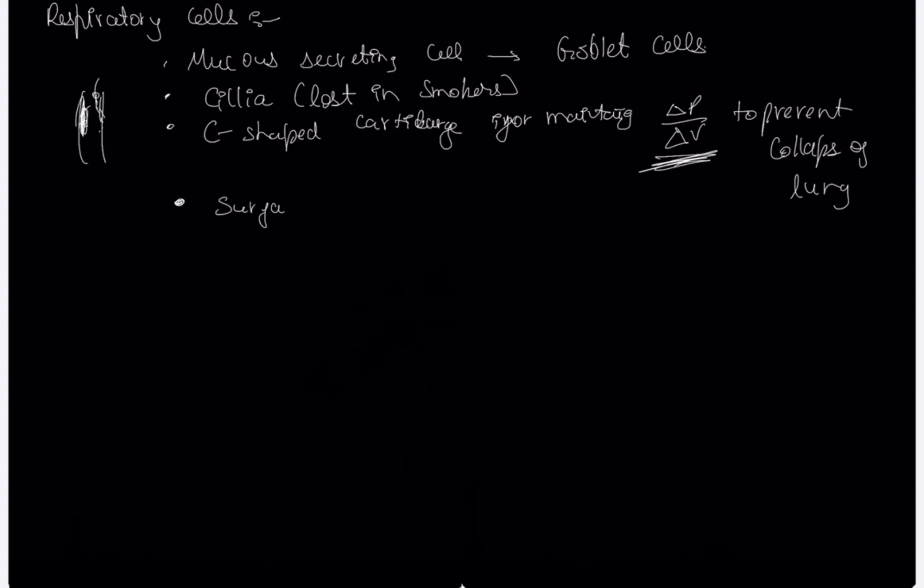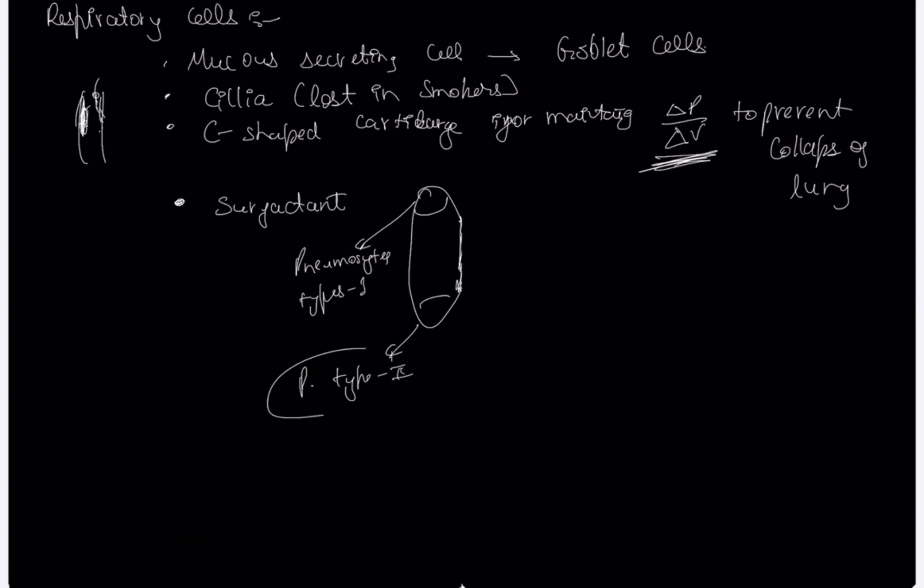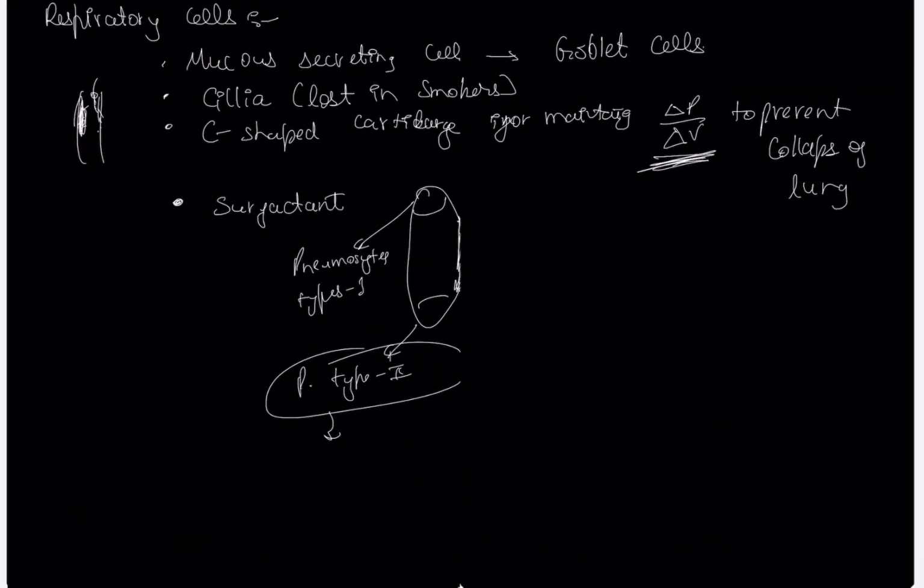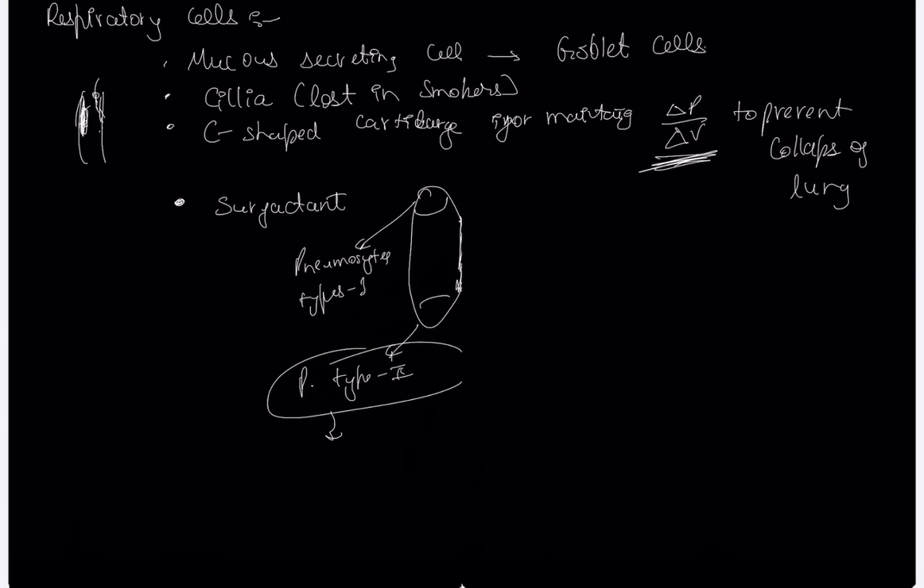And in lungs we have surfactant. Imagine this is your lung. Above, we usually have pneumocytes type 1, and below there are pneumocytes type 2, and these pneumocytes type 2 produce surfactant.